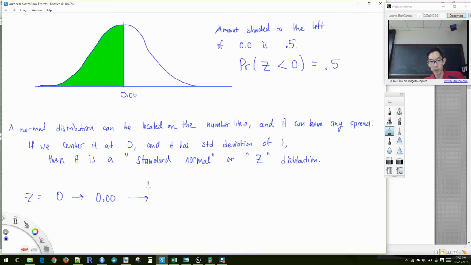And what the table says, if we go to the row 0.0 and the column 0.00, because if we add these together, we get 0.00, right? Just want to make sure we're okay here.